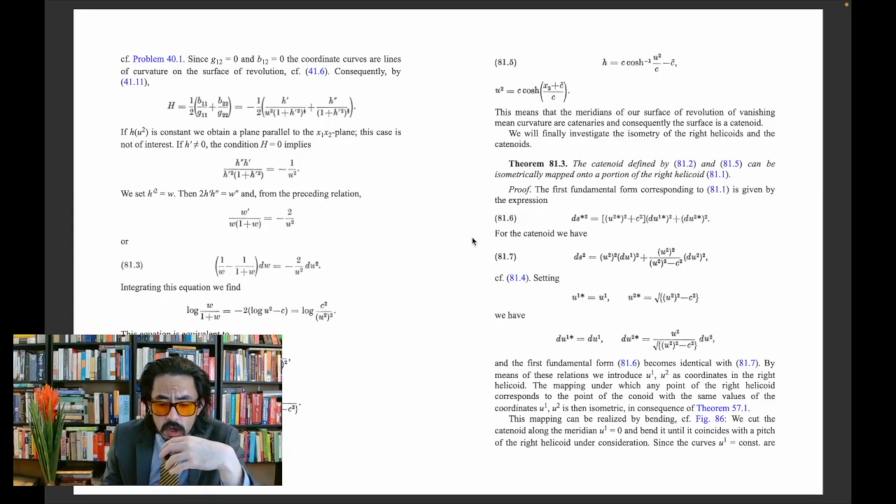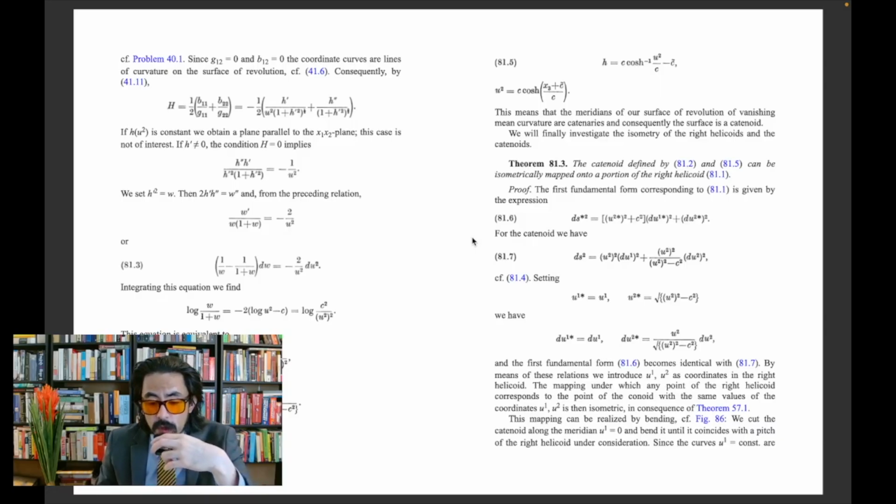Furthermore, setting u1 star equal to u1 and u2 star equal to the square root of u2 squared minus c squared, we have that du1 star is equal to du1 and du2 star is equal to u2 over the square root of u2 squared minus c squared, then times du2. And the first fundamental form, which was at the beginning of the proof of this theorem, becomes identical with the ds squared expression that followed it.